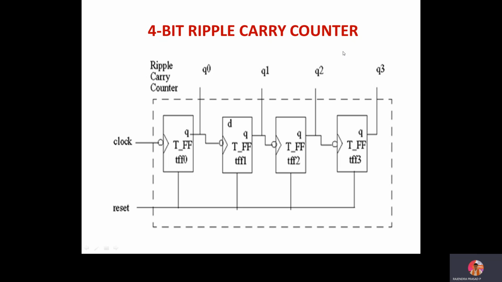To implement this counter, we require a black box. I'll just draw the black box for you. So this is a simple black box for the implementation of this counter. I can write here it as a counter program, CNT.